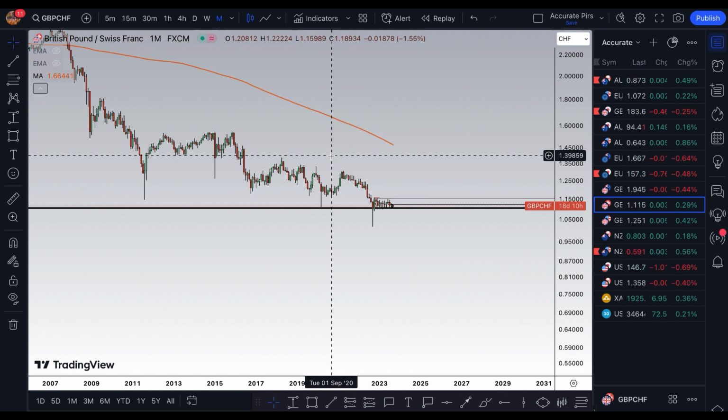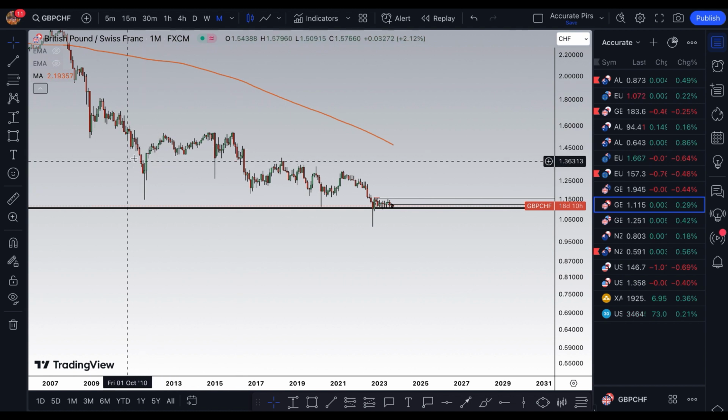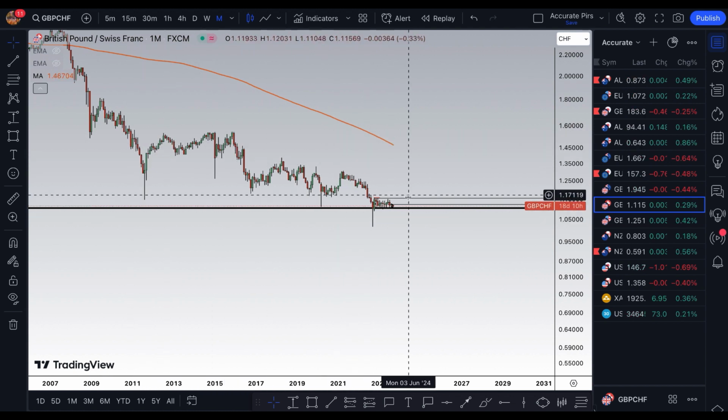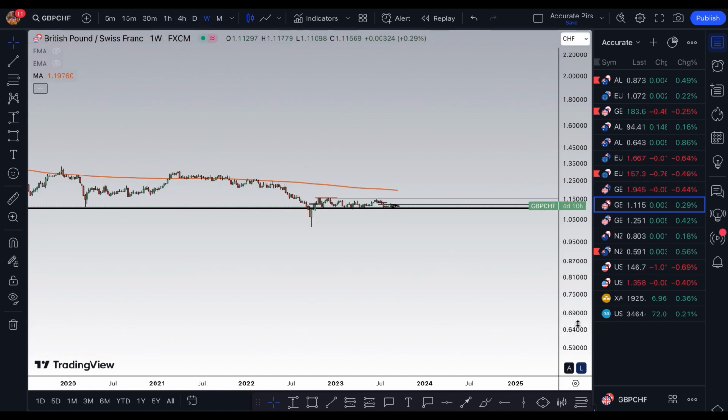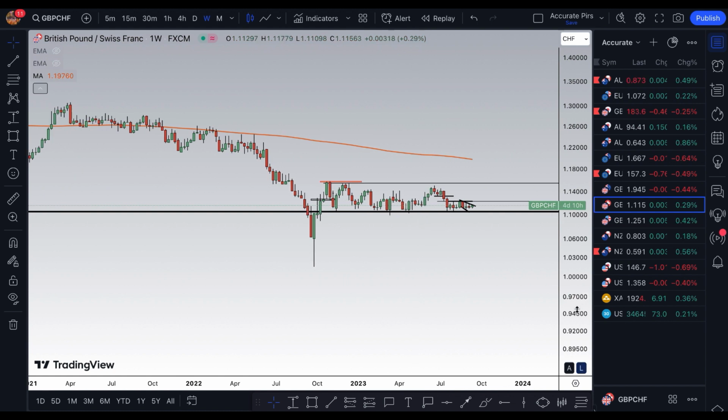So it is very tricky, if I'm honest with you, GBP/CHF. Looking at it on a monthly time frame, you can see this is a very, very low point for GBP/CHF. So I am in favor of it starting to make movement towards the upside.